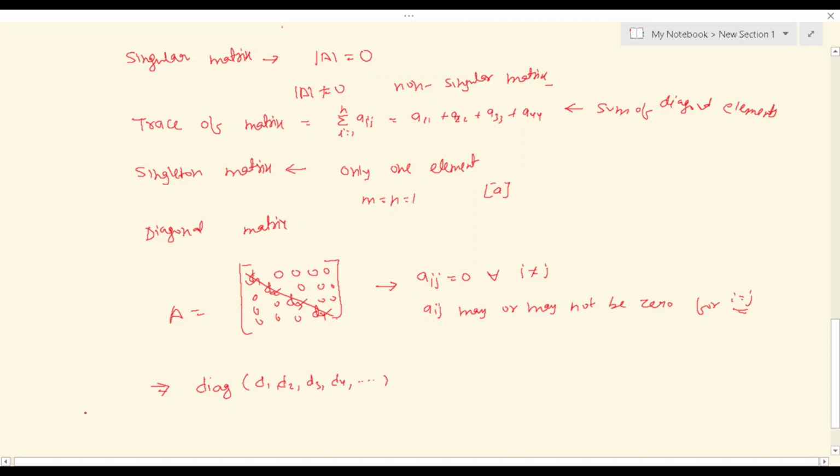Okay, after the diagonal matrix we define another matrix, the scalar matrix. A scalar matrix is itself a diagonal matrix. The only specification is that all the diagonal elements are equal, that is d1 is equal to d2 is equal to d3 is equal to d4 and so on, and this is equal to some constant, let's say d.